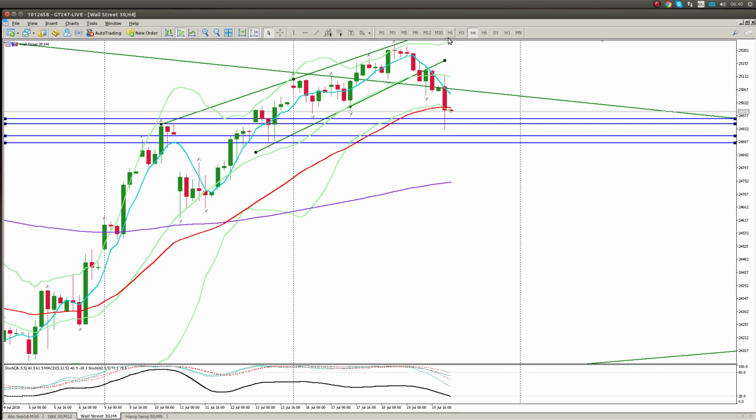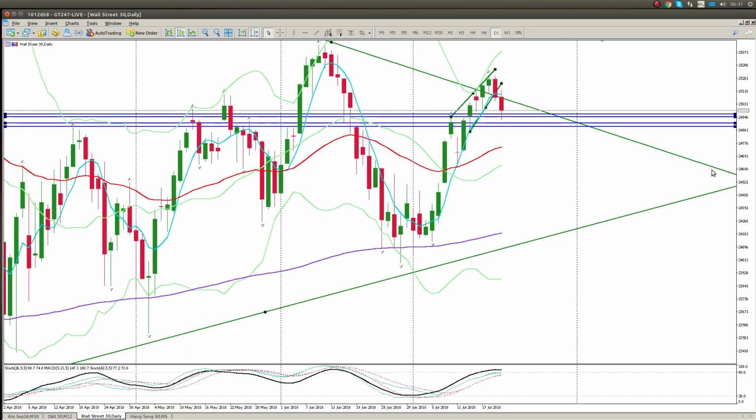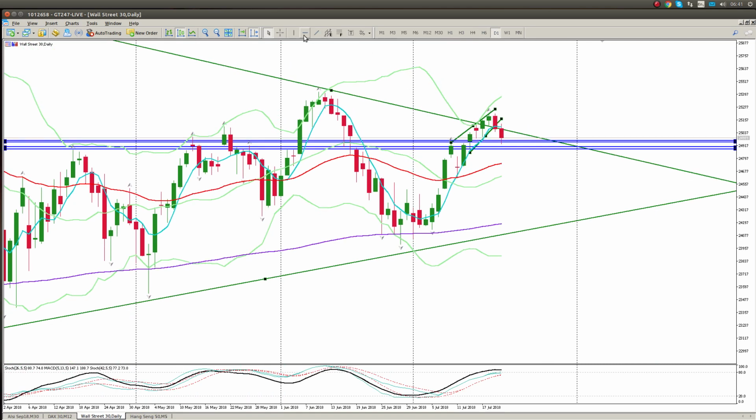Anyway, as it stands now, I just want to get this level in up top here. A break above 25,200 will validate this downtrend break. And that would be significant, because then we can expect this consolidation phase to come to an end and we start moving in a direction.